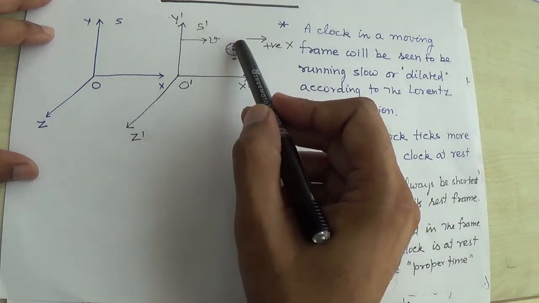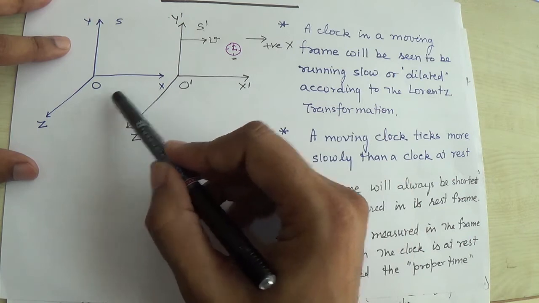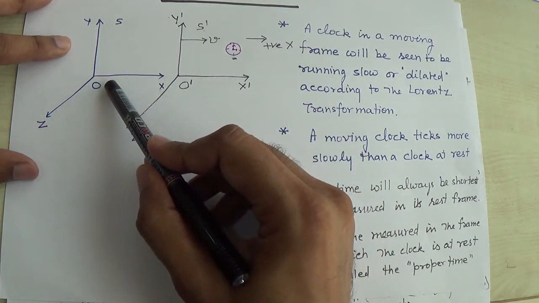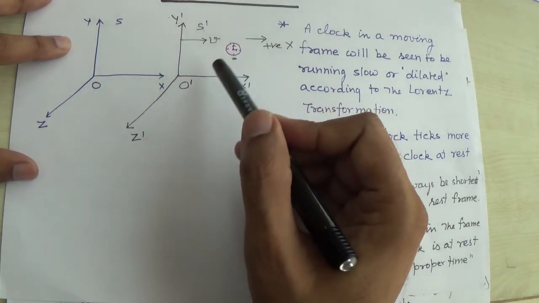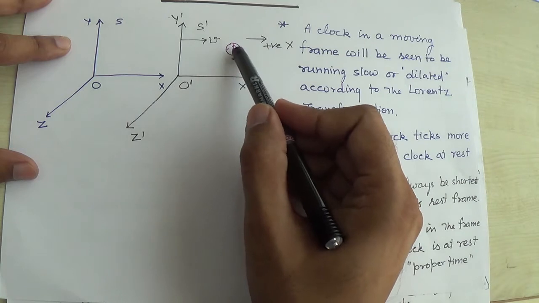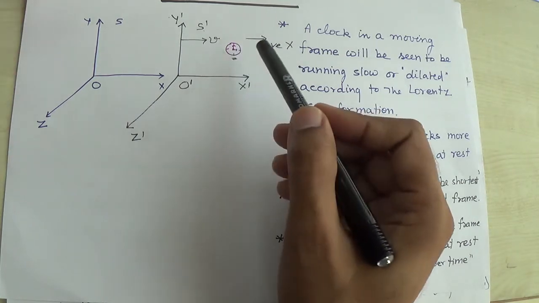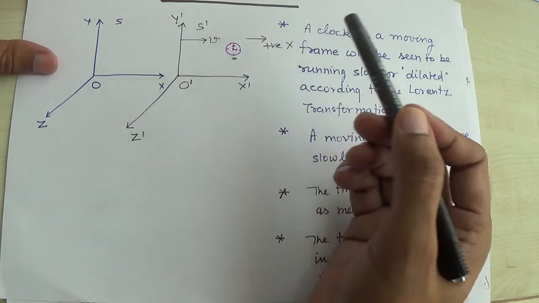This clock runs slow according to which observer, O or O prime? O. According to the observer O, this clock runs slow, and for O prime it runs with proper time. So this is the difference between the observations in the case of time, right?